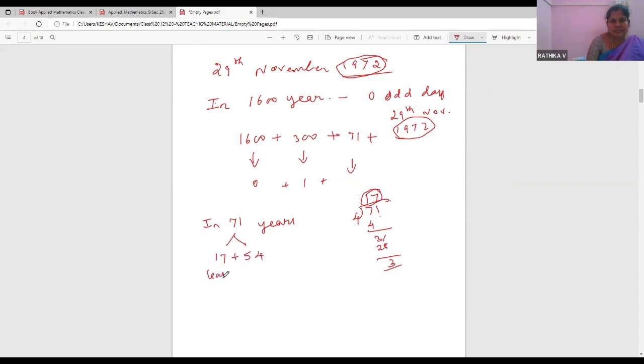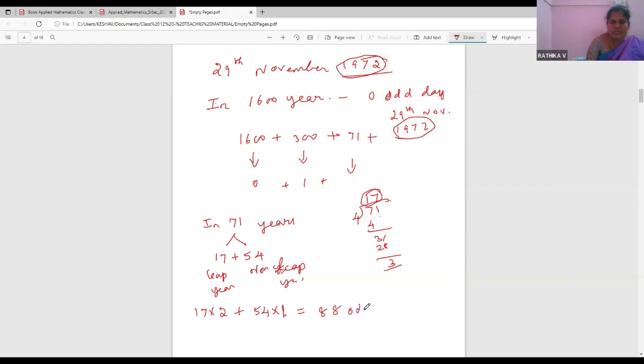So 17 leap years and 54 non-leap years we have. For these 17 leap years, every time we have 2 odd days. So 17 into 2 plus 54 into 1. For a leap year, 2 odd days; for a non-leap year, 1 odd day. So this total we get, it is 88.